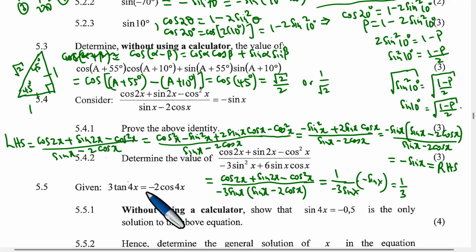So they said we need to determine the value of this. The value of this is 1 over 3. All right, next question.